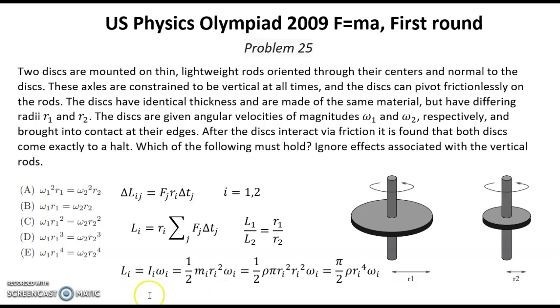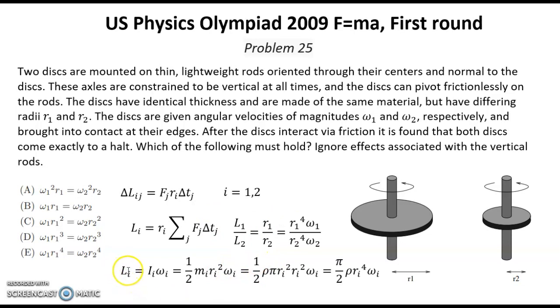They are like this. Angular momentum equals I multiplied by omega, and I equals one half m r squared, and because mass is proportional to radius squared, we have this formula, and finally this is the expression for angular momentum. Now we can divide the angular momentum of the first disc by that of the second disc and equate it to this expression.